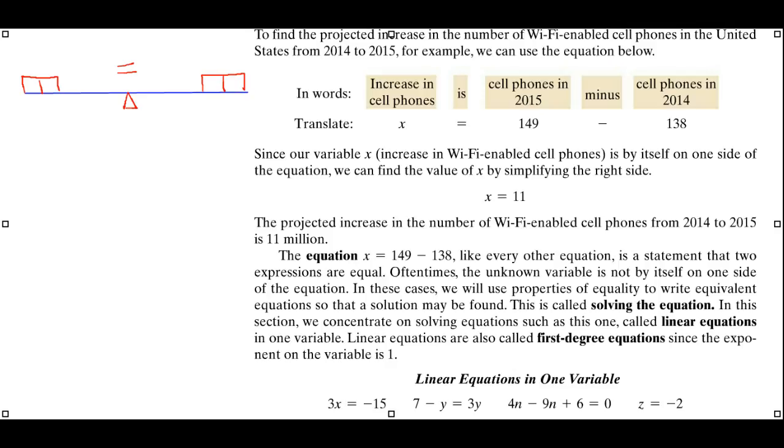Now, if you take off weight from one side, then it's not going to balance anymore. But if you take off that same weight from the other side, even though it's not the same as it was originally, it's still balanced.